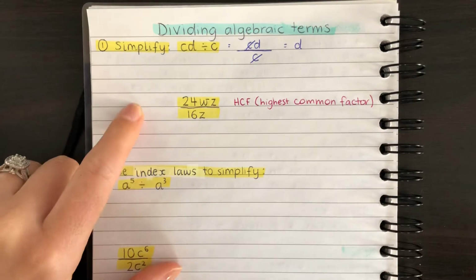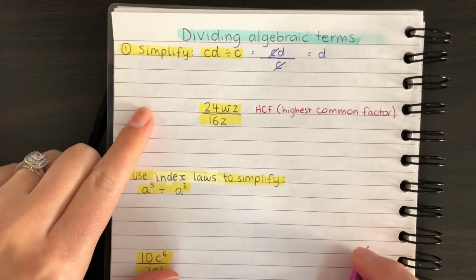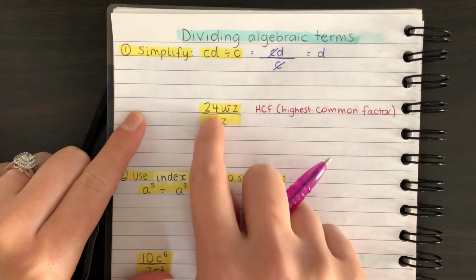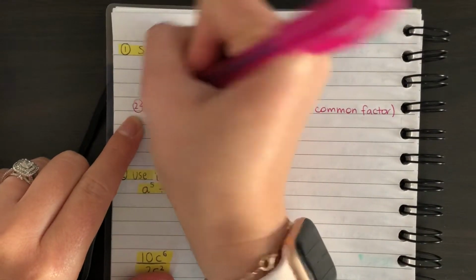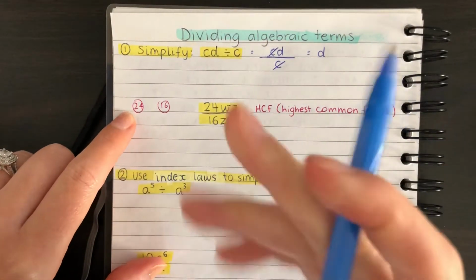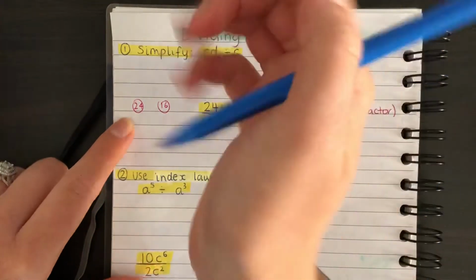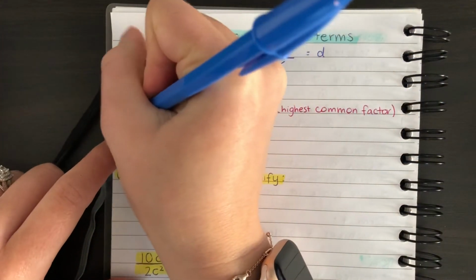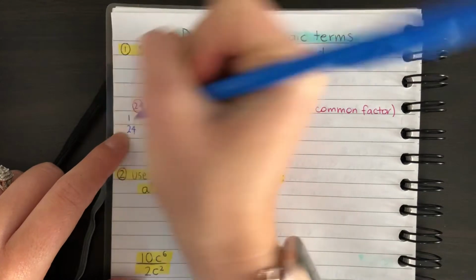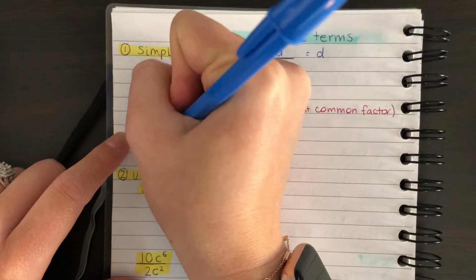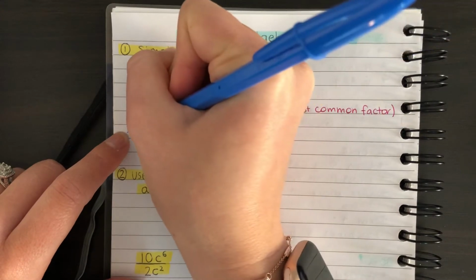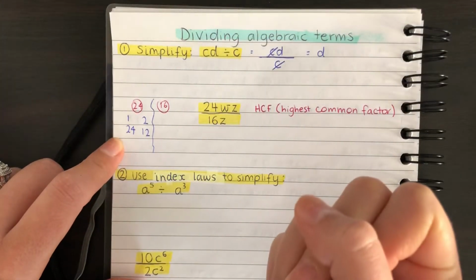So maybe over here to the side, I'll just do a list of actual numbers that go into both 24 and 16. Okay, let's start with 24. What numbers go into 24? Well, 1 and 24. We have 2 and 12.